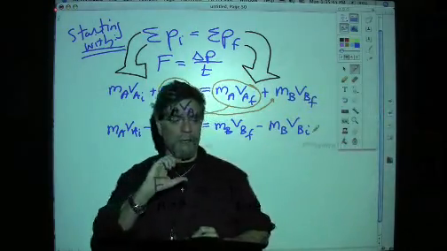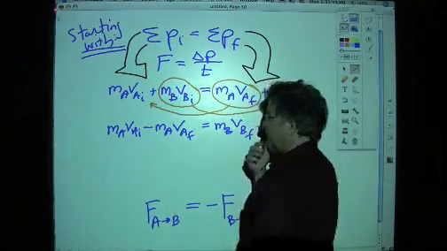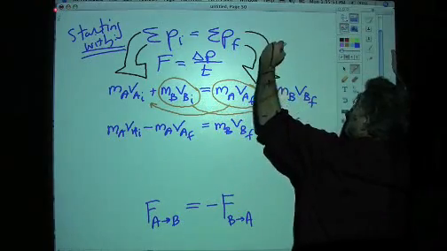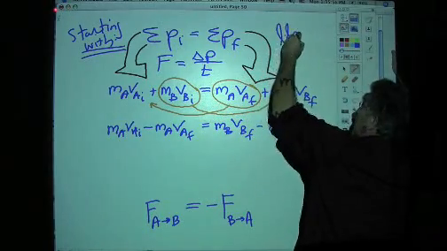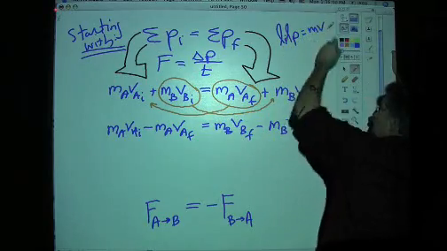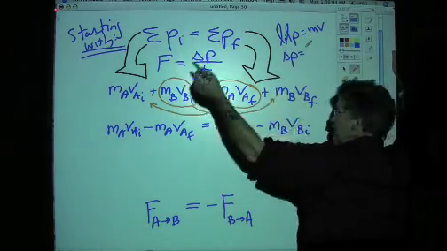Okay, so now I have this change. Keeping in mind that little p, the momentum, is actually mass times velocity, therefore delta p is the change in mass times velocity.